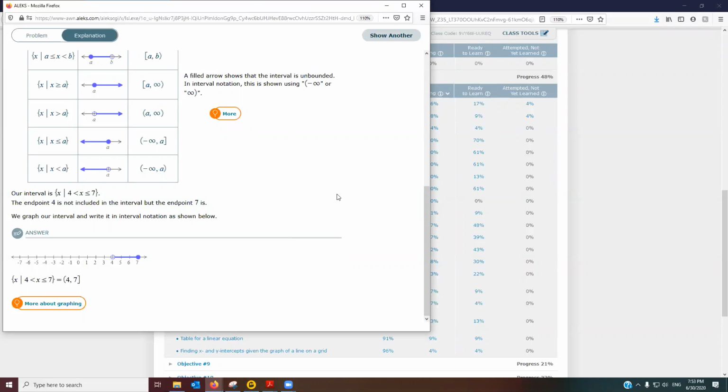Okay, so again, when you see the symbol of either a less than or greater than, that means use the empty circle on the endpoint. But if the symbol is a less than or equal to or greater than or equal to, that means use a solid or filled-in circle on the endpoint.